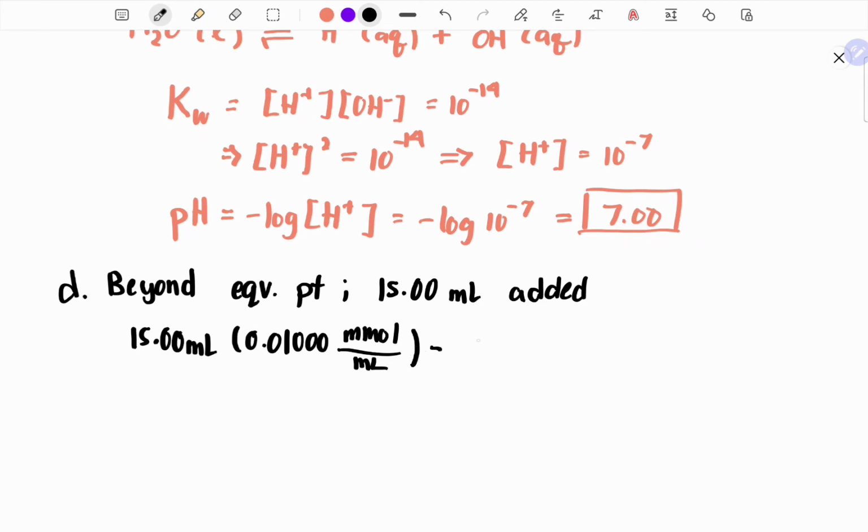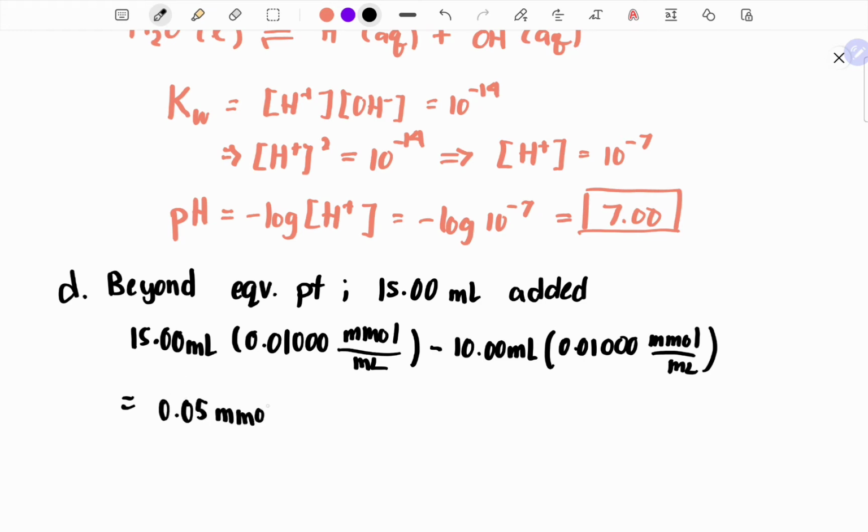So, if we subtract the initial millimoles of sodium hydroxide, this is 15 times 0.01 minus 10 times 0.01, 0.05 millimole HCl or hydrochloric acid, this is in excess.